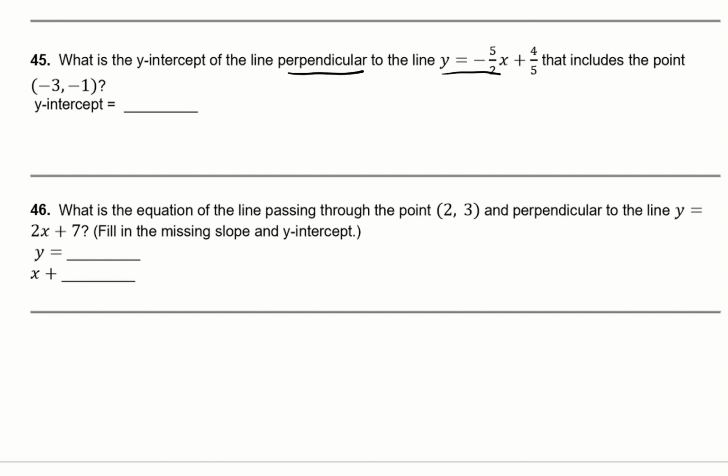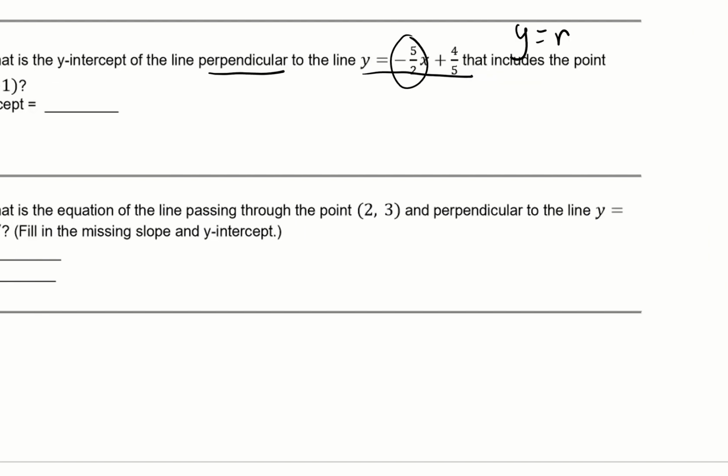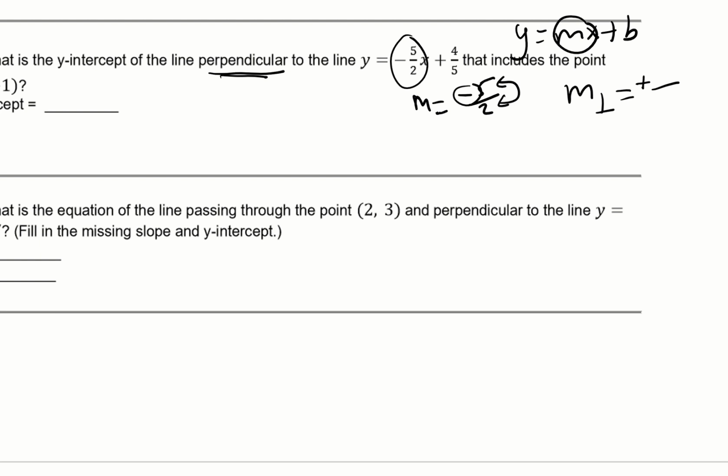So the slope of this line is negative 5/2, because remember y equals mx plus b is the slope-intercept form, and m is the slope. So in this case, we have negative 5/2 for the slope of the original line. If I want it to be perpendicular, I need to flip the fraction. So I need to find the reciprocal and then change the sign. If one is negative, then the new slope is going to be positive. And so if I switch this, I get 2/5.